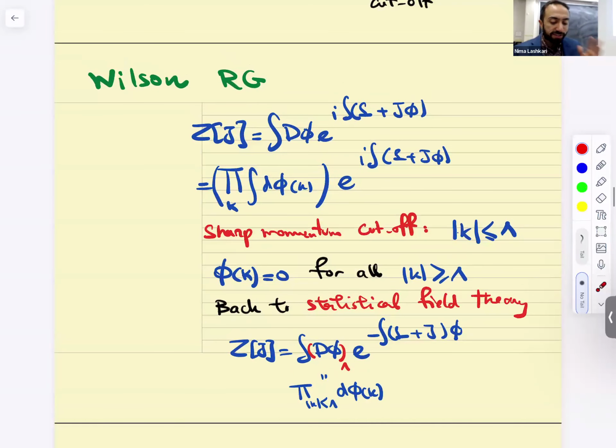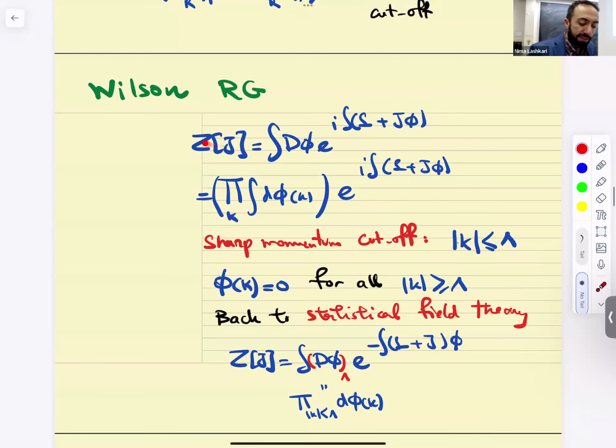All right, so here's the super simple argument of Wilson and Leo Kadanoff. Take your generating functional. It's a path integral over phi, e to the power of i S, the action, plus a coupling to a source. And as far as I'm concerned, I could put a minus sign here. These are Euclidean actions, it becomes statistical field theory, right?